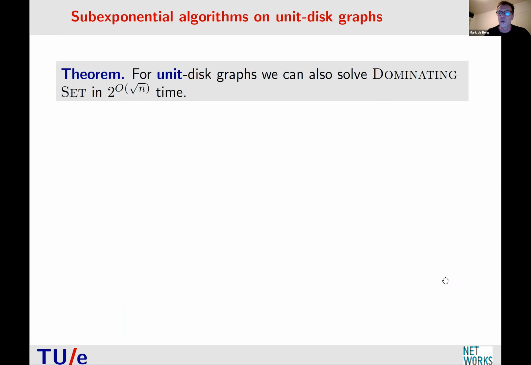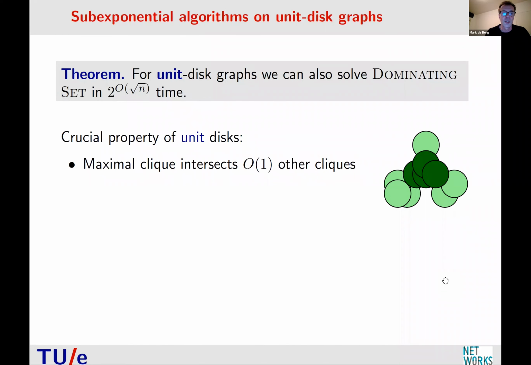If you also want to do different problems like dominating sets, it becomes more difficult, and here, actually, we can only do it for unit disk graphs. The crucial property is that if you think about a unit disk graph, then our cliques are going to intersect, because of the way we constructed them, only a constant number of other cliques. That's just a property of our way of doing it.